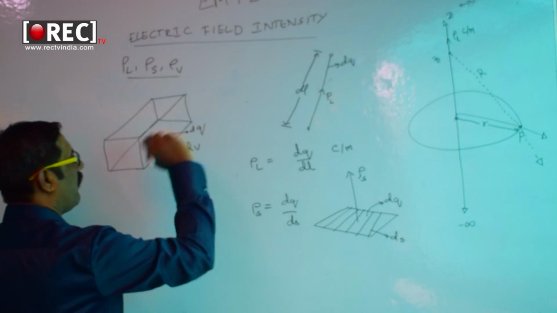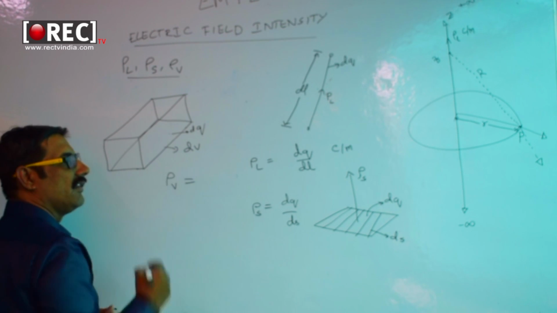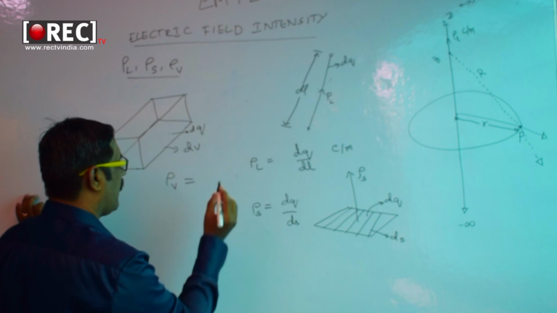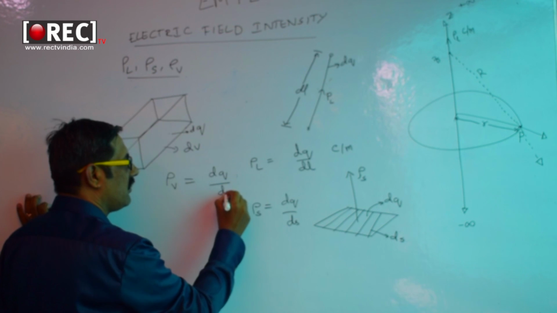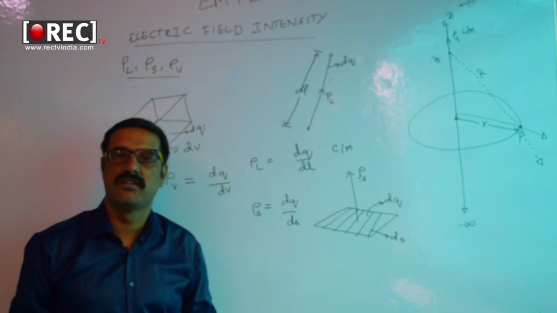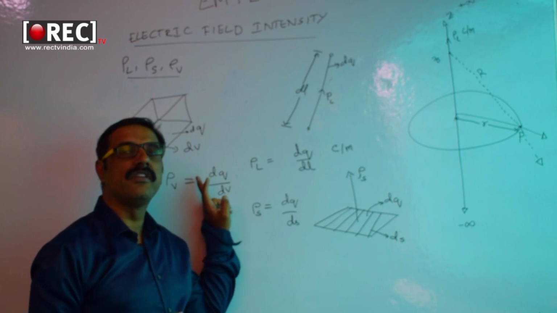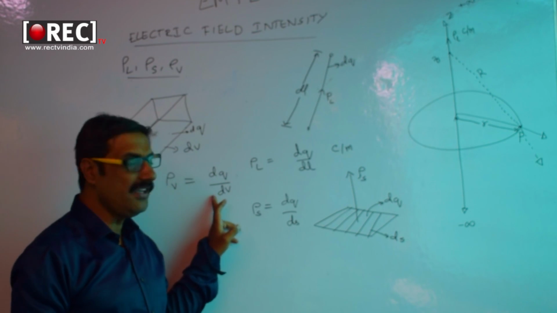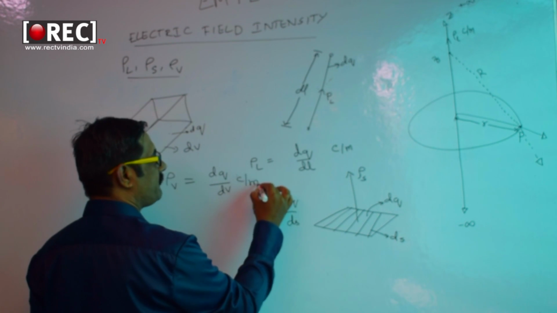So how do you define the volume charge density rho V? Rho V, the volume charge density, is defined as the total charge present in the volume divided by the volume of the distribution. So volume charge density rho V is defined as the total amount of charge present per unit volume of the distribution, and it is measured in coulomb per meter square.